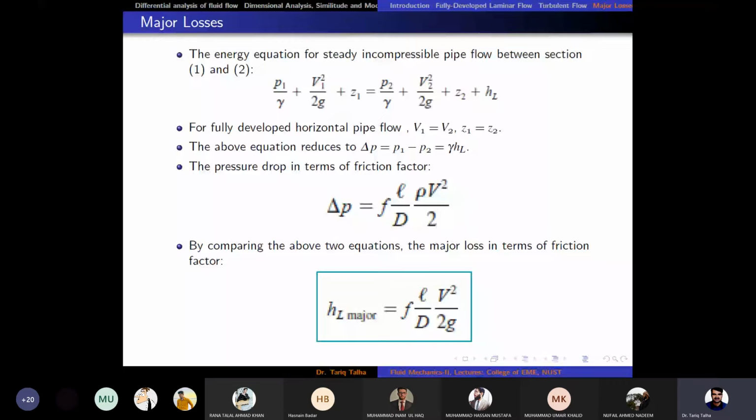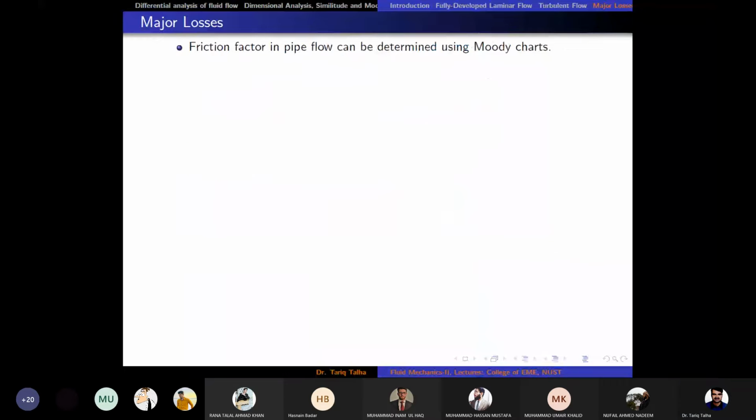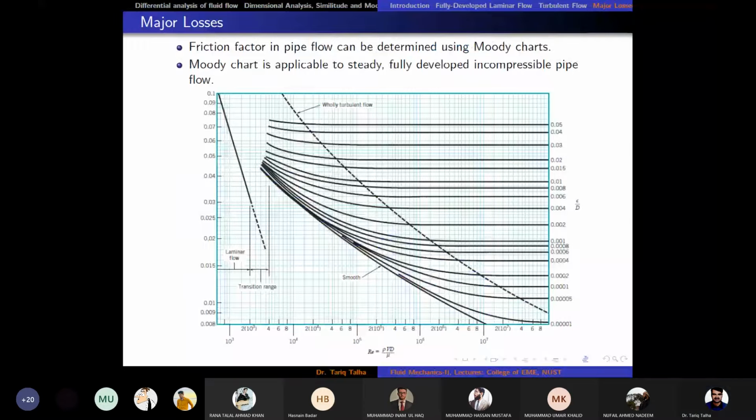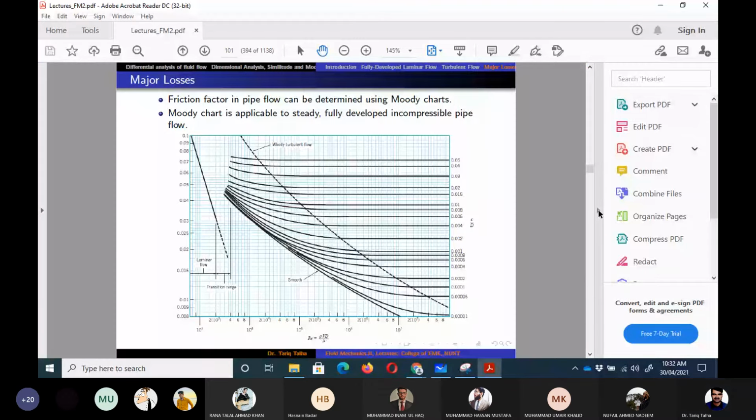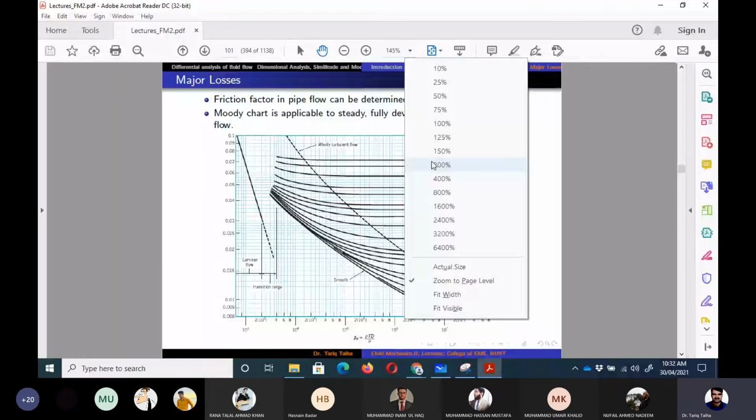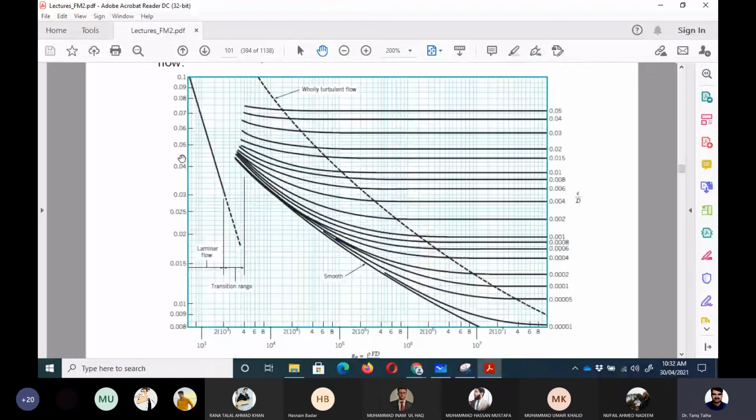So they are here, and let me zoom in to tell you what these Moody charts are. First of all, this chart is on a log scale, right? On the x-axis we have a log scale, because there is a vast range of Reynolds numbers to cover. Similarly, there is a vast range of relative surface roughness.